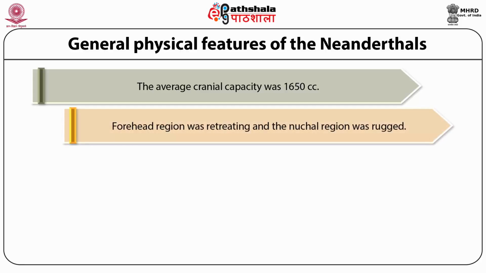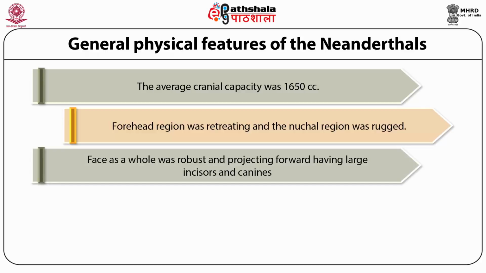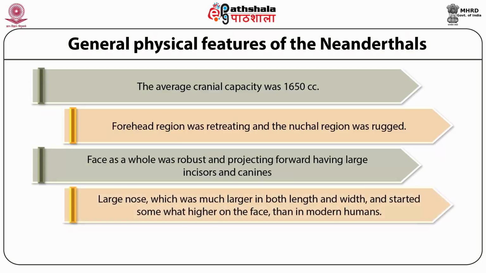The forehead region was retreating and the nuchal region was rugged. The face as a whole was robust and projecting forward, having large incisors and canines, and a large nose which was much larger in both length and width, and started somewhat higher on the face than in the modern human.